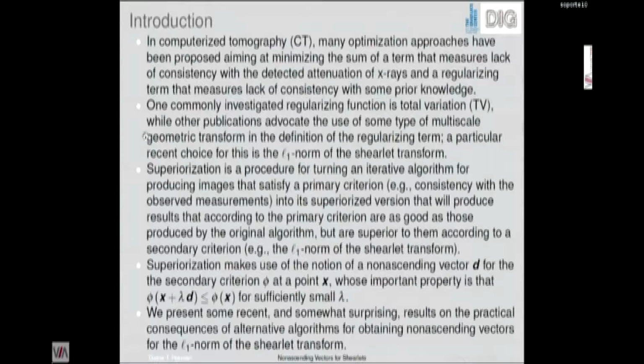Superiorization is a somewhat heuristic concept. Optimization is well-established mathematics. And all kinds of theorems can be proved, and mathematically interesting questions can be posed and solved.